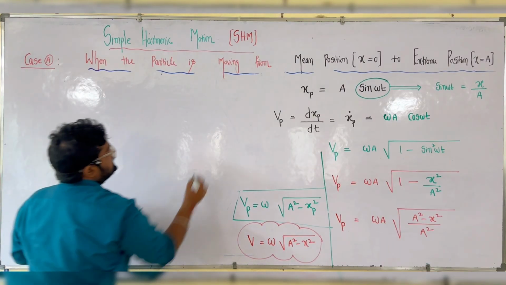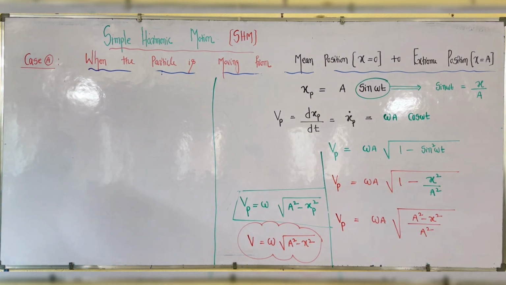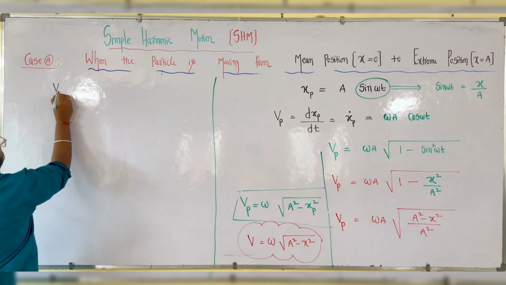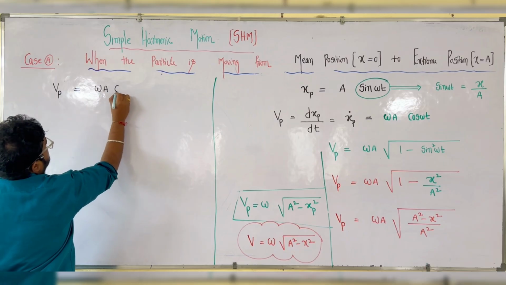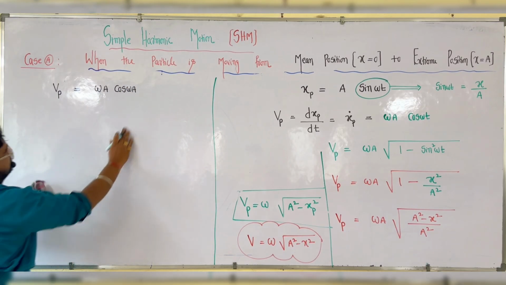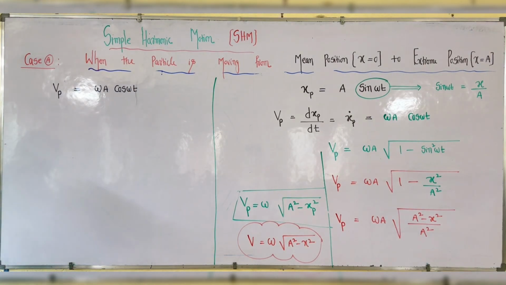Next, velocity of the particle equals omega a cos omega t. One more time differentiation, what will you get?